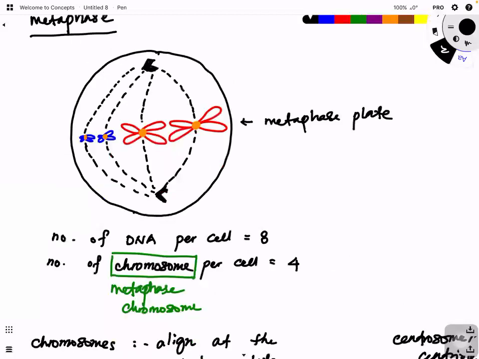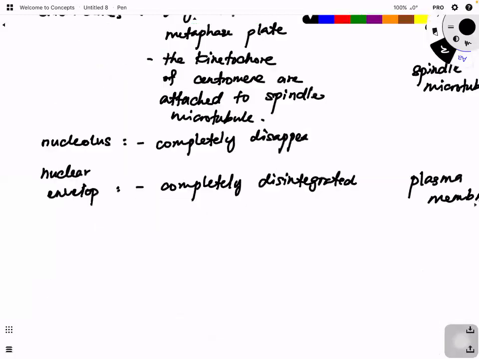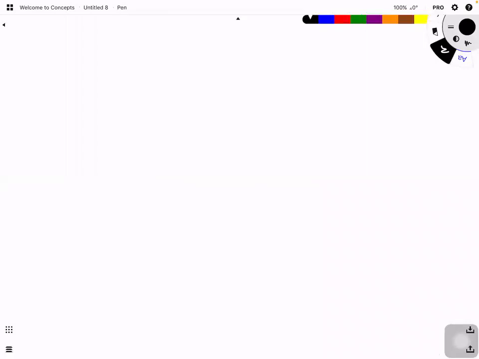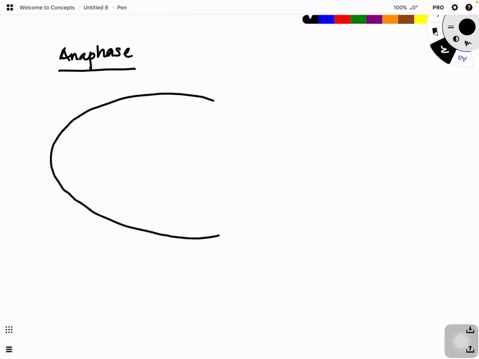When we are done with the metaphase, the next part after the metaphase is the anaphase. In anaphase, you can see that the cells start to become elongated, but no cleavage furrow yet.